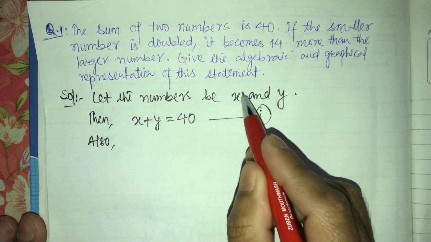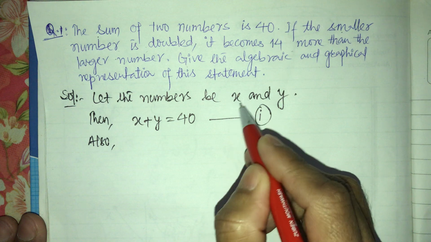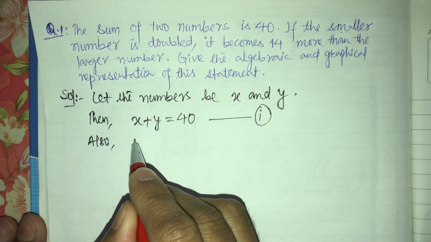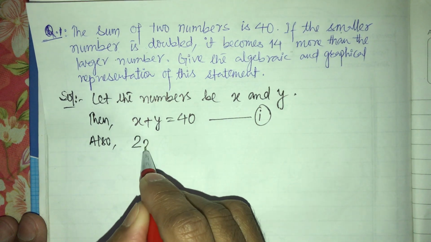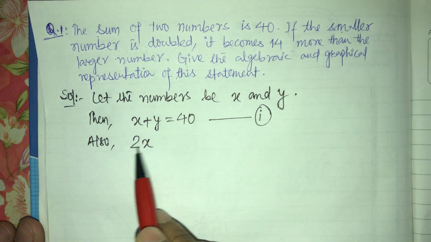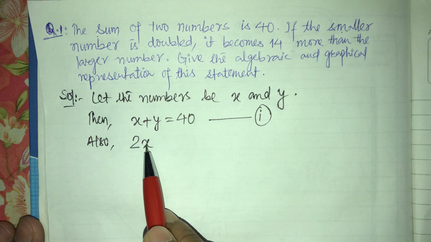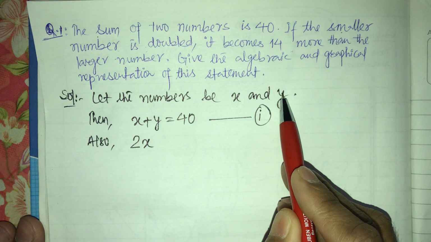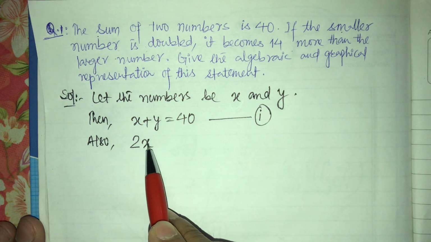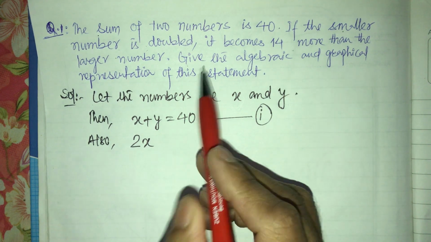So I consider x as the smaller number, and I'll double it. So 2x. Double means 2 times. If you consider y as the smaller number, you should write 2y here. So it makes no difference.